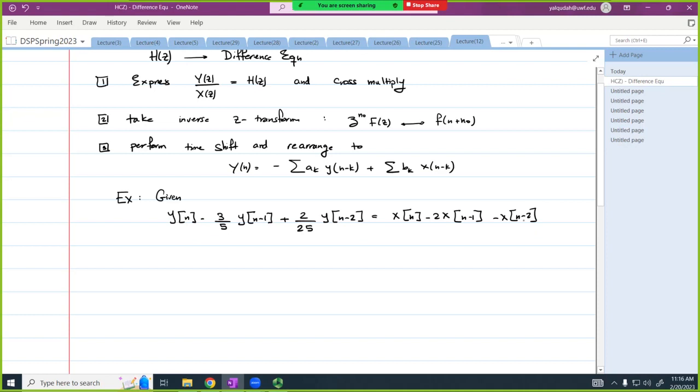Is this a filter? Is this an IIR or FIR? IIR. Why? Because if I move these to the other side, the output depends on the output and the input. Now, what is the advantage of this form? Can anybody think of an advantage of this? You can factor out the.